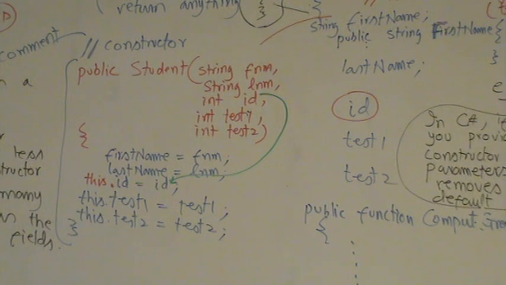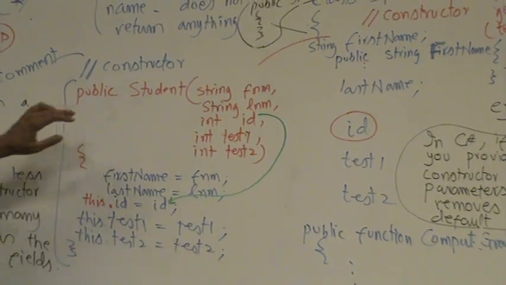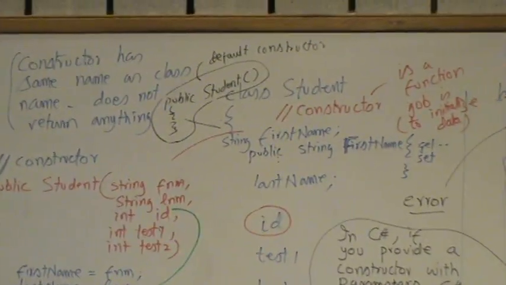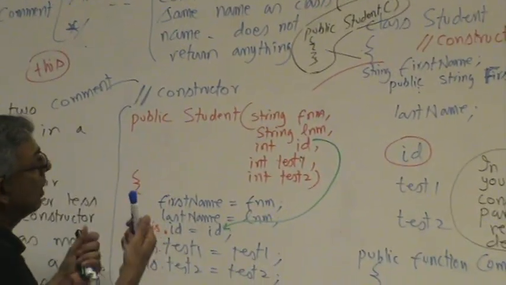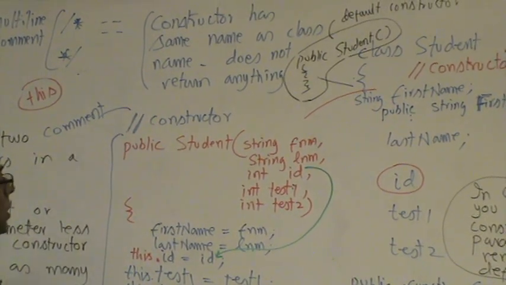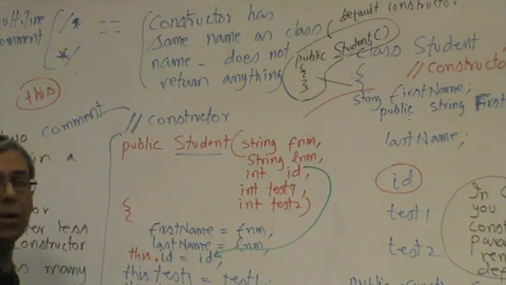Okay, so once we have written two constructors, remember both of them are functions, right? And in both cases, what's the name of the function? The name of the function is the same as the class, Student.